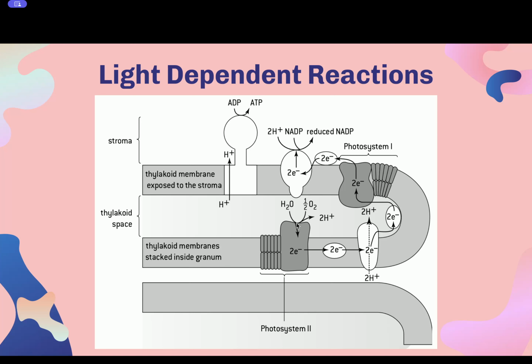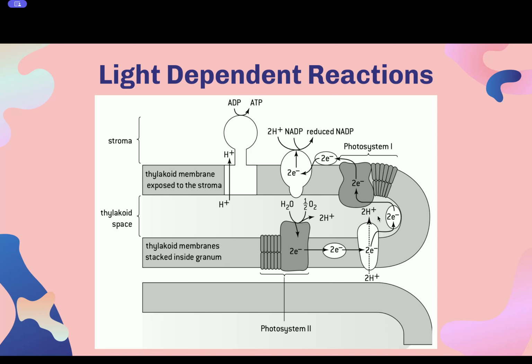Again, similar to chemiosmosis in cellular respiration, H plus ions are pumped through a proton pump. However, it's different in this situation because there's only one proton pump that pumps all the H plus protons. In cellular respiration, of course, there were 3.